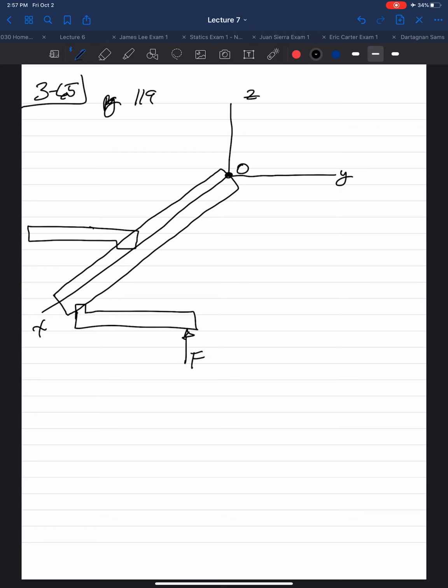F offset by 150 millimeters from the x-axis.